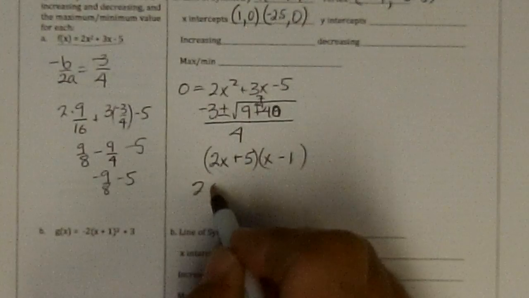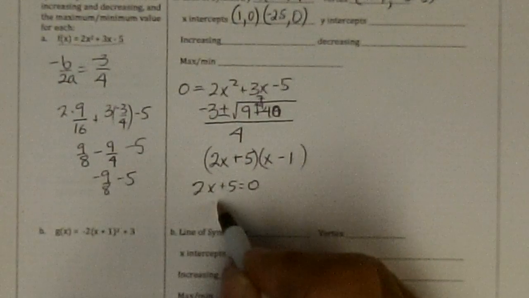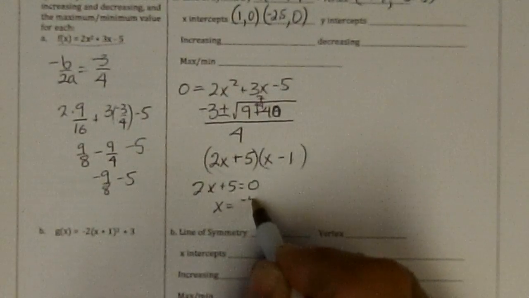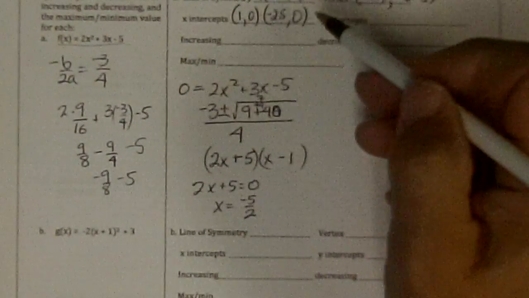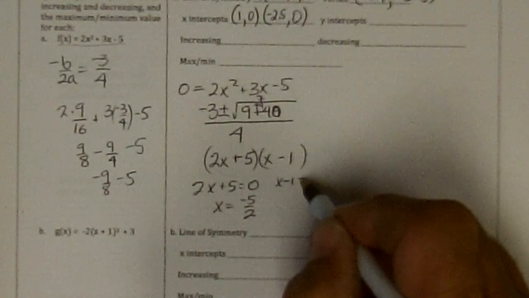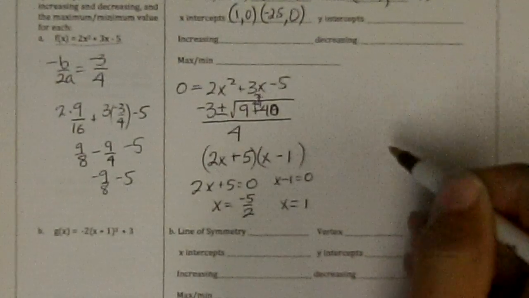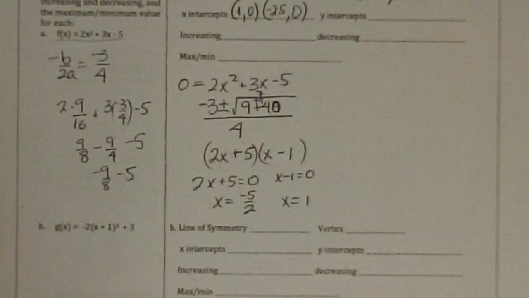And then if I set 2x plus 5 equal to 0 and subtract 5 and divide by 2, I get x equals negative 5 halves, which is negative 2.5. And if I set x minus 1 equal to 0 and add 1 to both sides, I get x equal to 1, which is the other one.